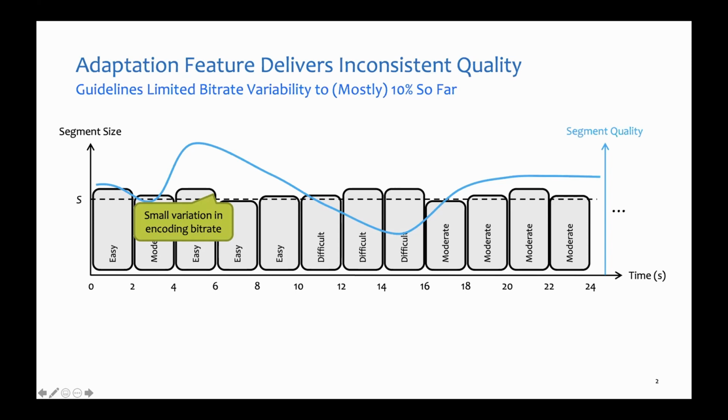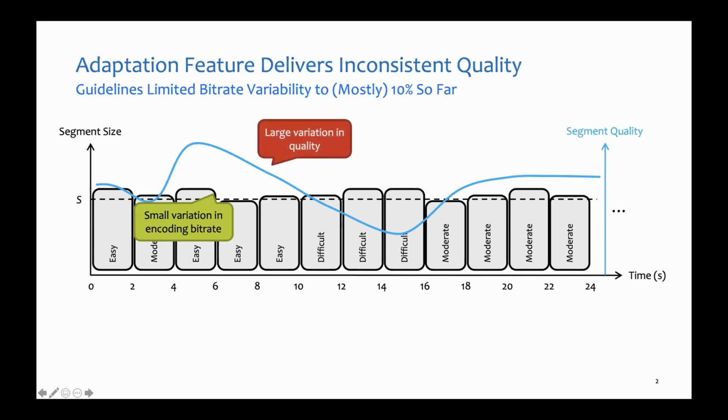For the easier segments, if you have plenty of bits, you can do a very high quality encoding. For more difficult scenes, maybe the bit budget won't be sufficient, so you will end up with really bad quality segments.